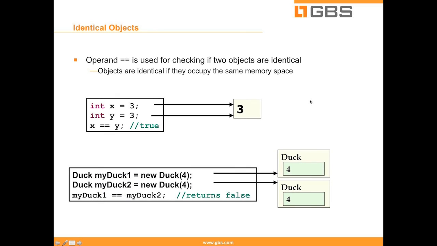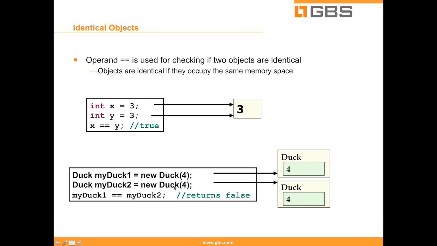We'll talk about equality and assignment here. The operand == is used for checking if two objects are identical, and this brings a lot of confusion to folks that are a little bit new to Java as far as the values that get returned. Objects are identical if they occupy the same memory space. If I say int x = 3 and int y = 3, they're pointing to the same memory space, so x == y returns true.